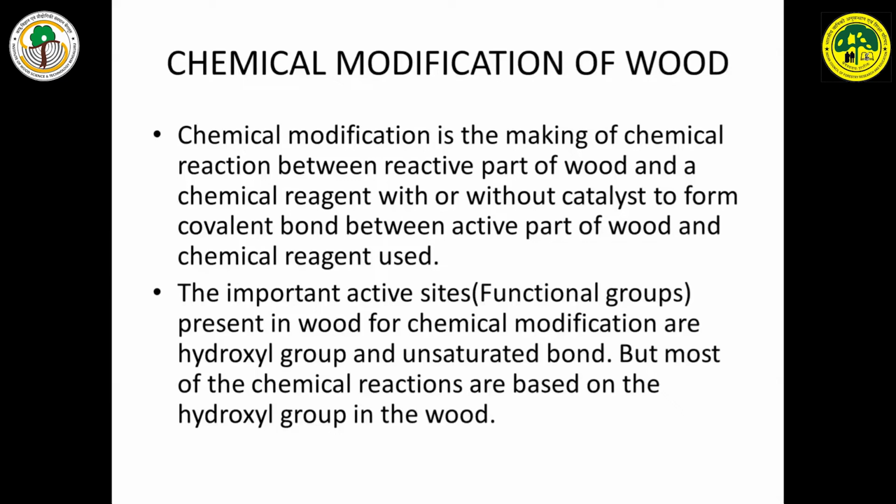Unsaturation means the presence of either a double bond or a triple bond. In lignin, we may find some unsaturation, meaning the presence of double bonds in the lignin. Those are responsible for acting on wood to achieve the desirable properties.